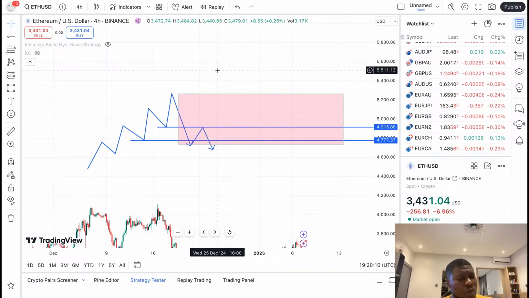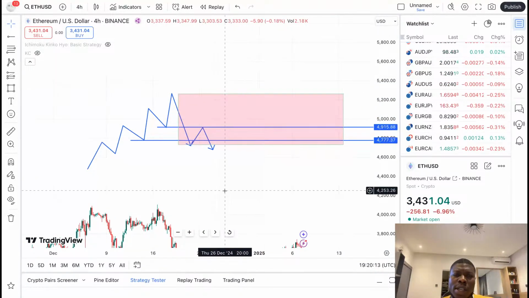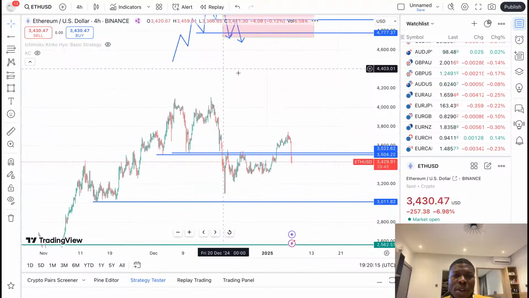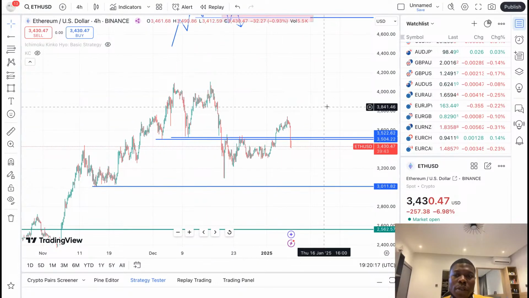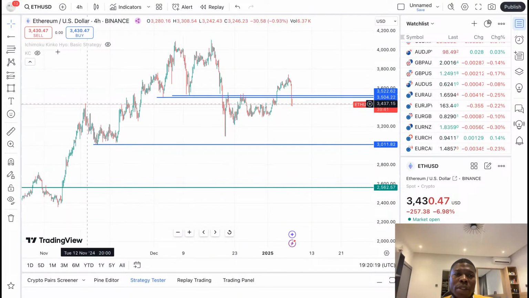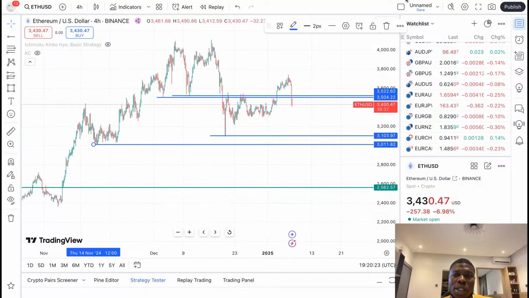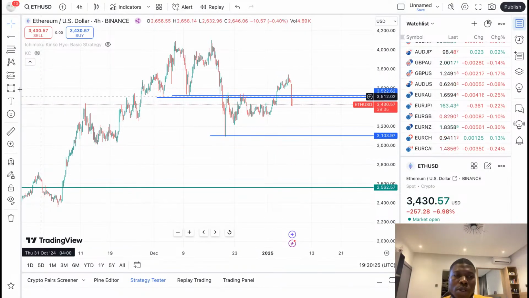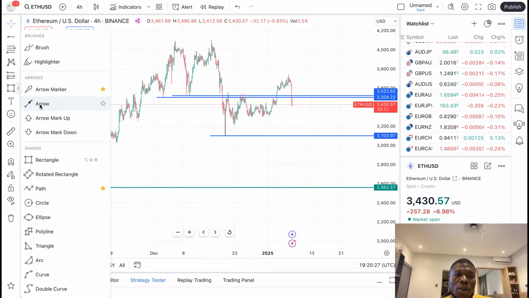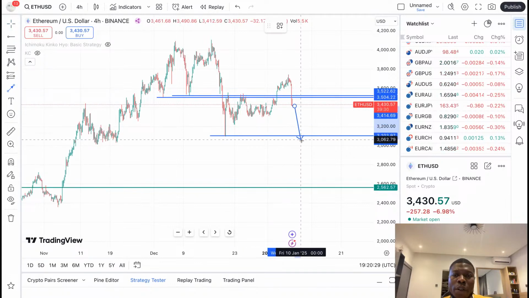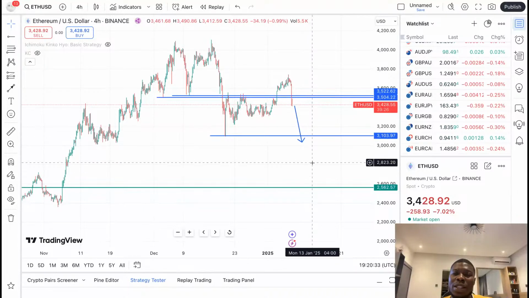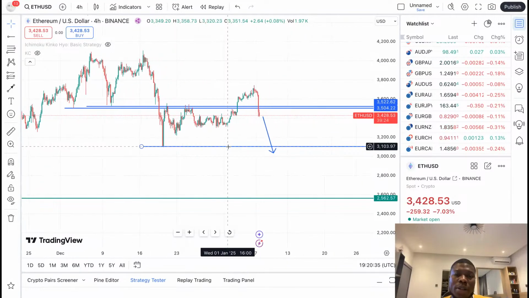Right now on this Ethereum chart, we expect it to be fully in a downtrend if Ethereum goes below this low in this area. If Ethereum makes a low in this area, that means a downtrend has officially kicked in. There are no two ways about it.